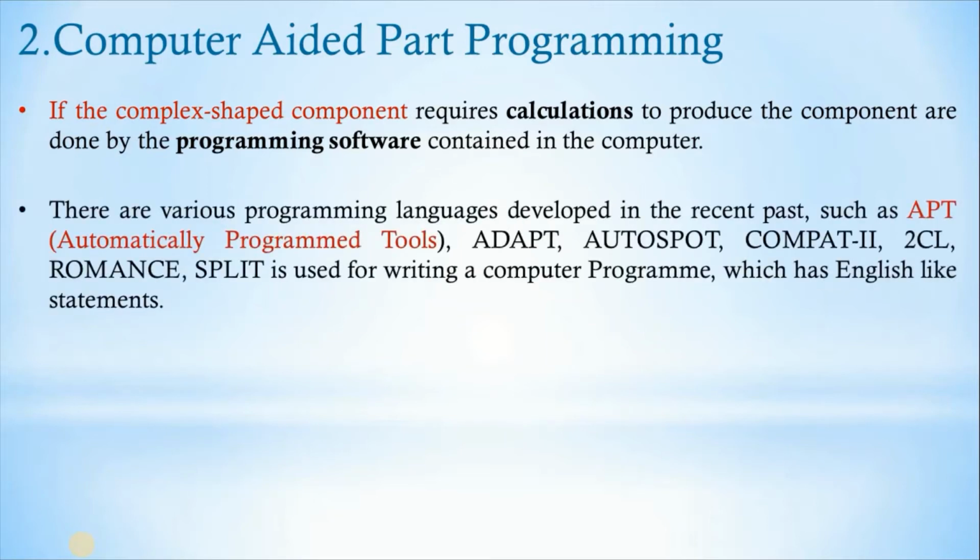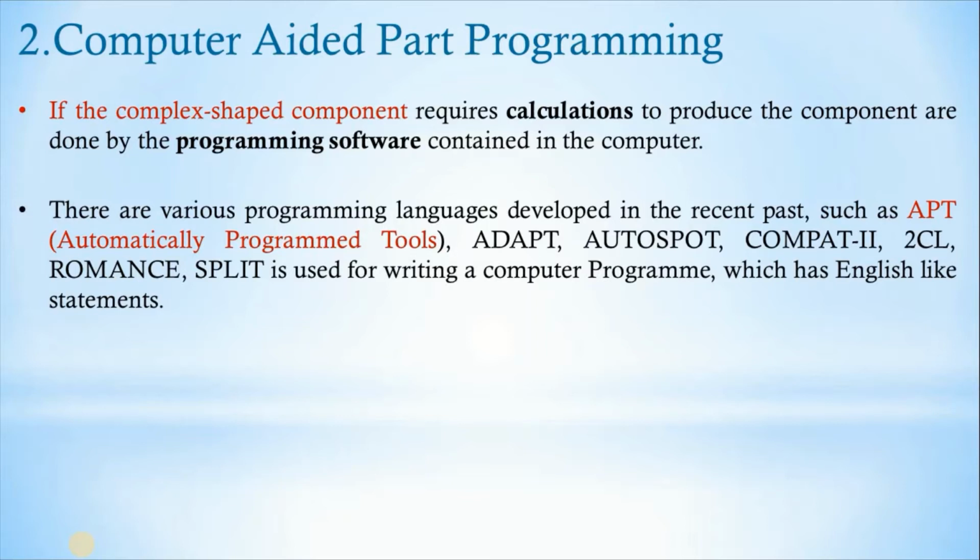Various programming languages have been developed in the recent past, such as APT, which is called Automatically Programmed Tools, ADAPT, AUTOSPOT, COMPACT II, 2CL, ROMANCE and SPLIT, used for writing a computer program with English-like statements.